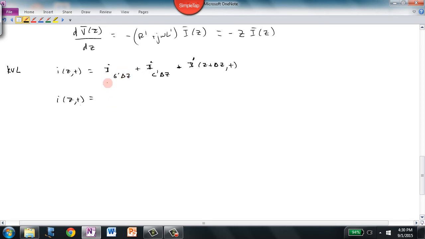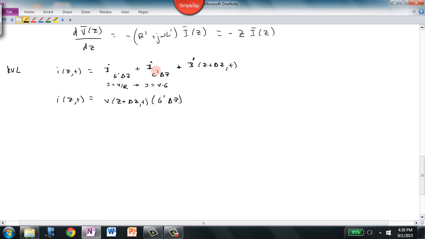Well, I equals V over R, which since G is 1 over R, that converts to I equals V times G. So for this segment here, we get V of Z plus delta Z comma T times the total conductance, which is G prime delta Z.